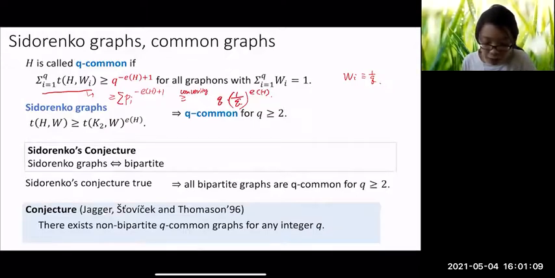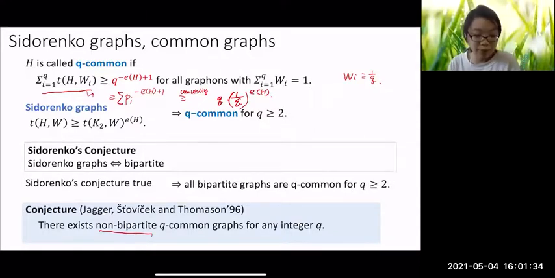So Jagger, Šťovíček, and Thomason, in the same paper where they proved graphs containing K4 are not two-common, asked whether there exist non-bipartite q-common graphs for any integer q at least 2. Here non-bipartite is important because if you allow bipartite graphs, then we already know some bipartite graphs are Sidorenko, and of course those graphs are q-common for any integer q.